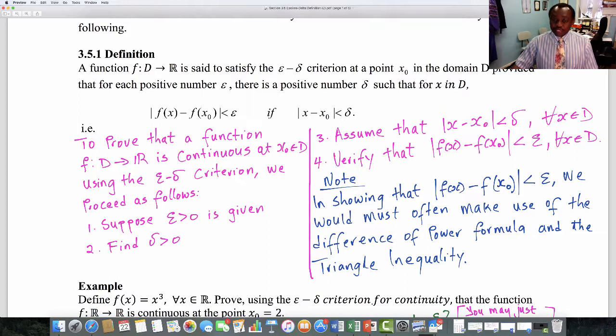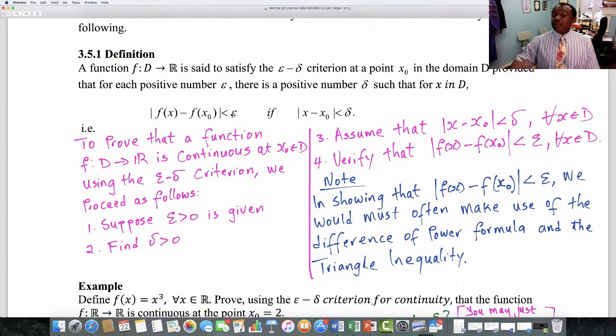So let's go back to the definition. For every epsilon greater than 0, there exists a delta greater than 0, such that for every x in D, whenever the absolute value of x minus x0 is less than delta, we would have that the absolute value of f of x minus f of x0 is less than epsilon.